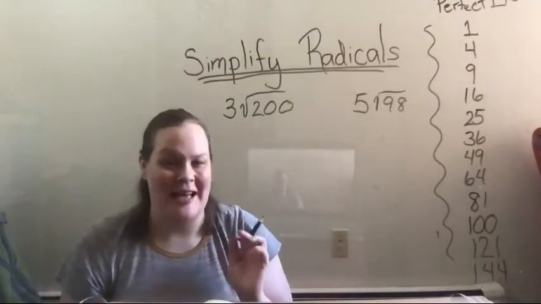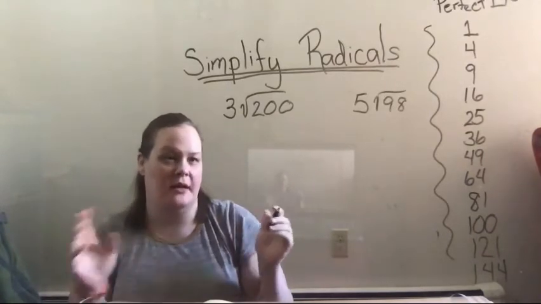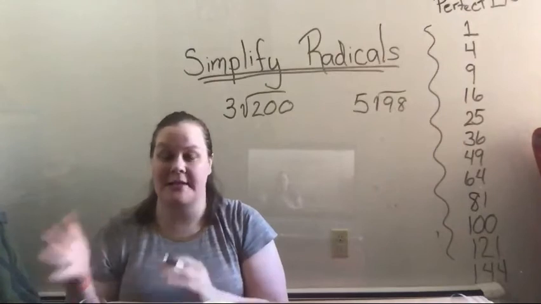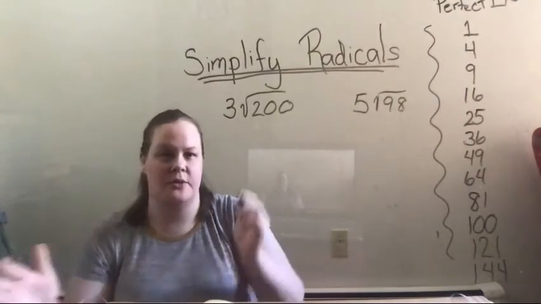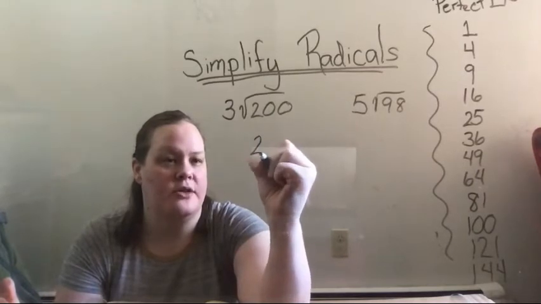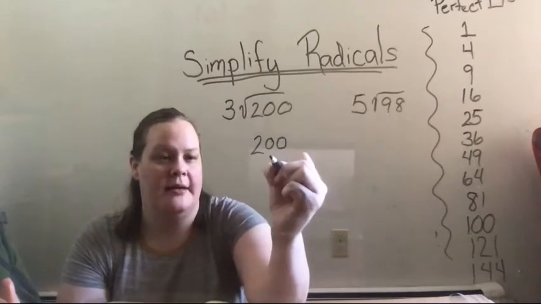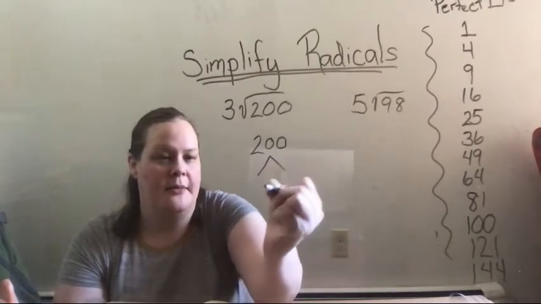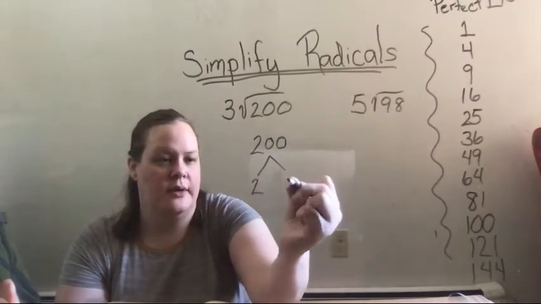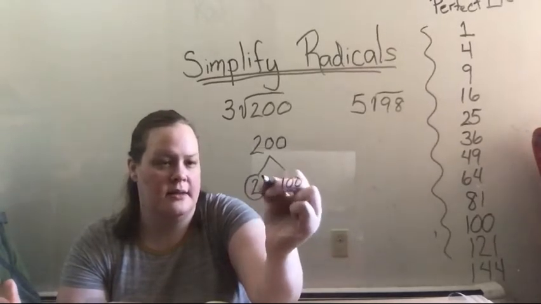Okay, these are the last 2 that we're going to look at here as review, but you'll notice that now we're dealing with radicals that also have a number outside of the radical that we have to take into account. So again, we're going to look at just breaking down that 200. Don't worry for now about that 3. We'll look at it here shortly. I'm going to break this into 2 and 100. 2 is the end, right?